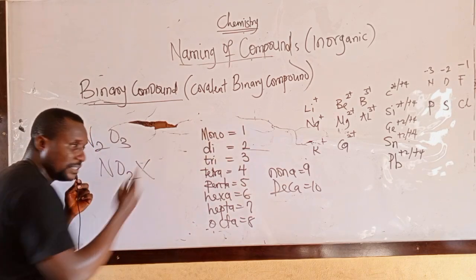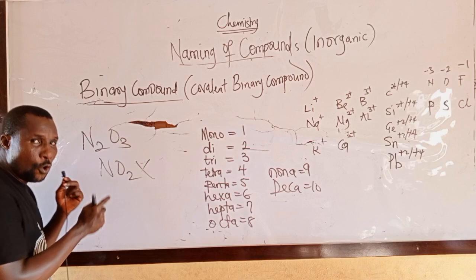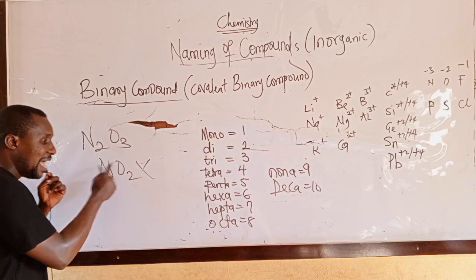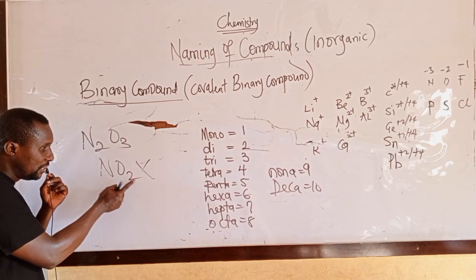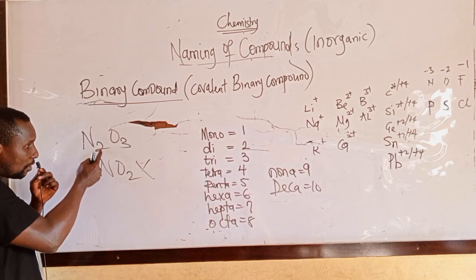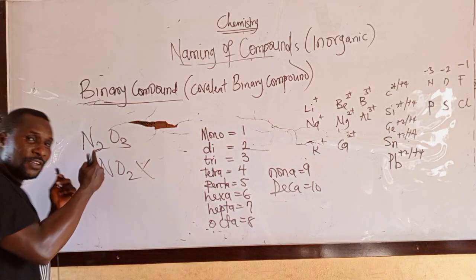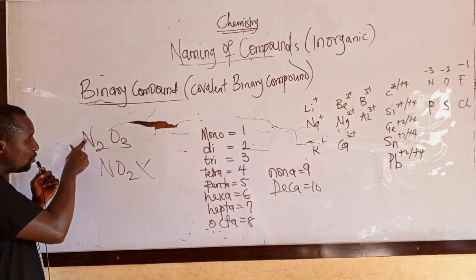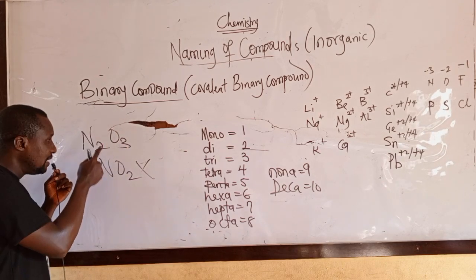Don't say mono nitrogen dioxide. You just say nitrogen dioxide. But if the atomicity is more than 1, you can give it a prefix. This one was nitrogen trioxide.